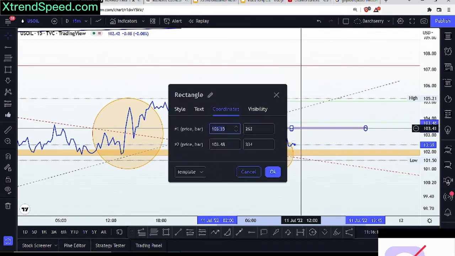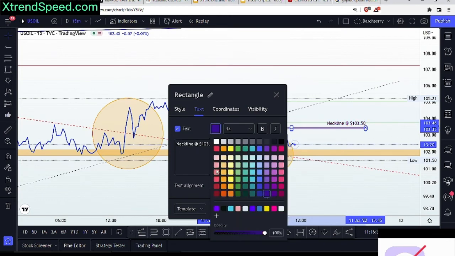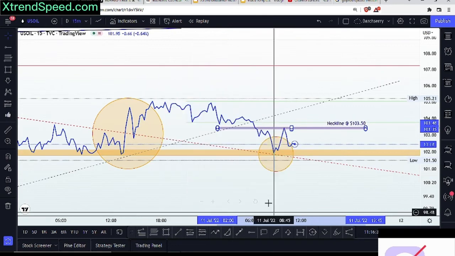So we have a neckline here. Mind you, a double bottom structure can only be confirmed if we have a break above of this neckline, which is sitting at exactly $103.50. Okay, we have something like this.